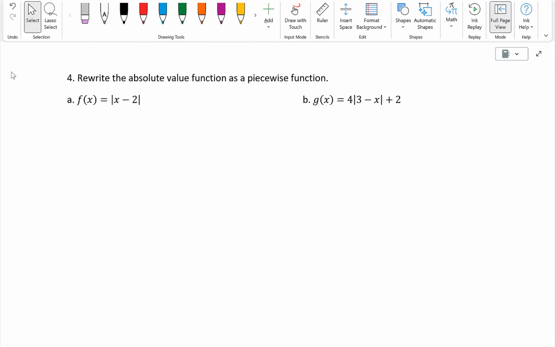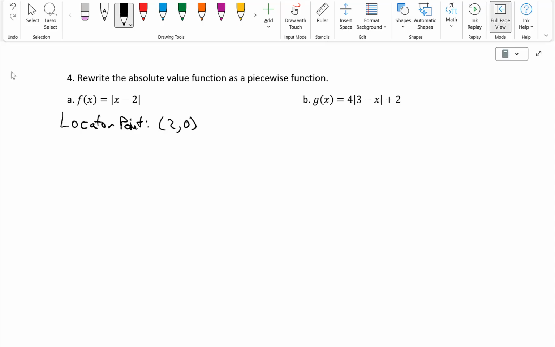For 4, we're rewriting the absolute value function as a piecewise function, and what we really want to do is isolate or identify that locator point, and we're just going to split the domain there. Right, we can see it's at that locator point or that vertex for the absolute value function where we had the split. So for this one, we can say our locator point, we can see that -2 inside would move us 2 to the right, so our locator point's at 2, 0.